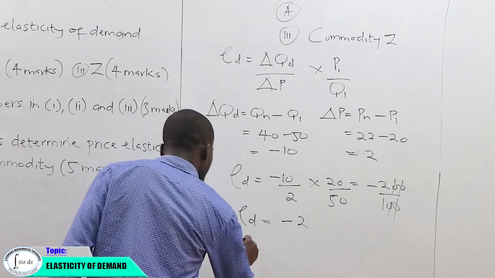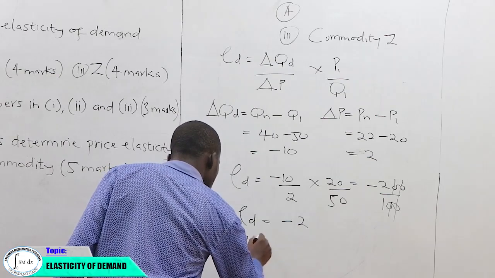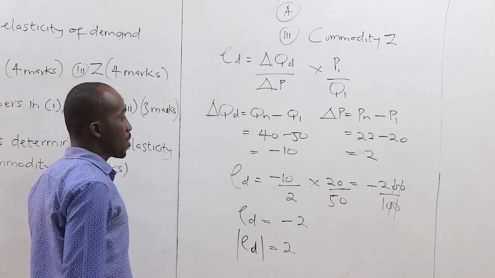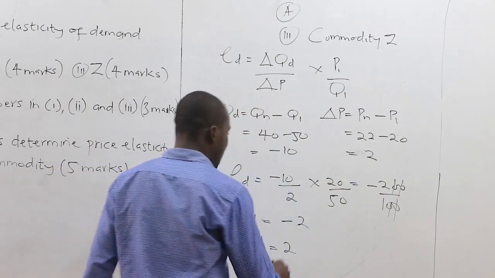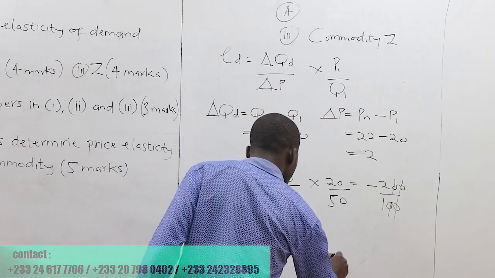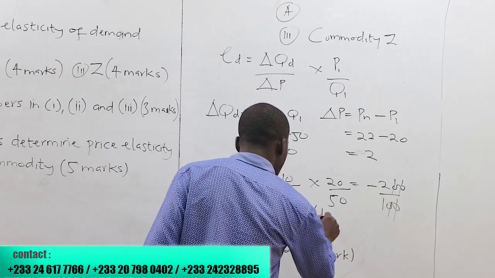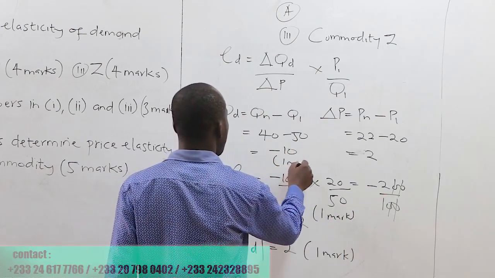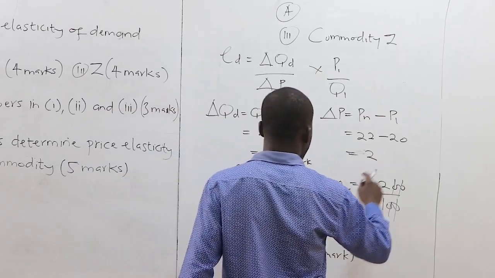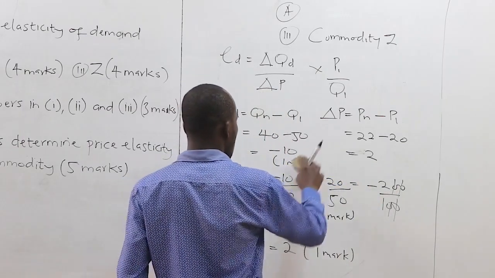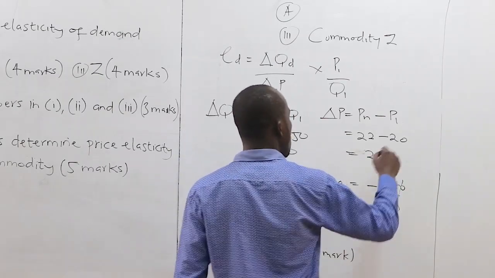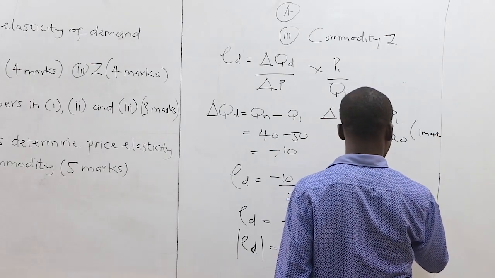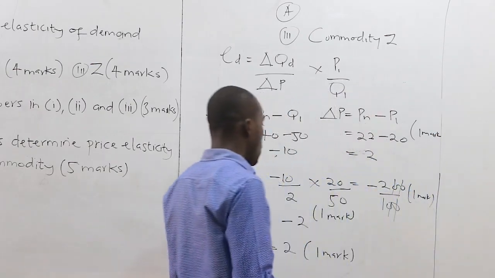If you take the absolute value, it's going to give you a value of what? 2. So 1 mark for your final answer, 1 mark for the substitution, 1 mark for here, 1 mark for here, 1 mark for the breakdown, and you have that, right?